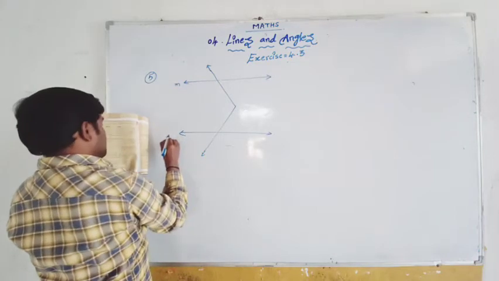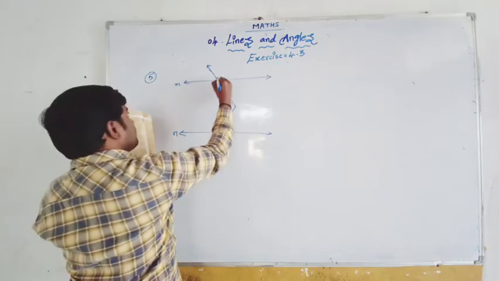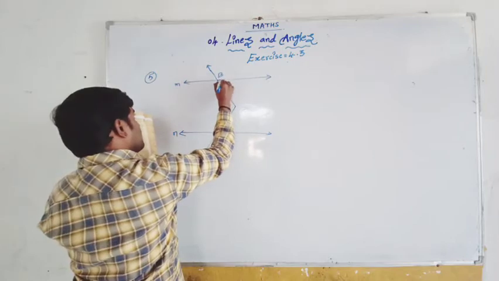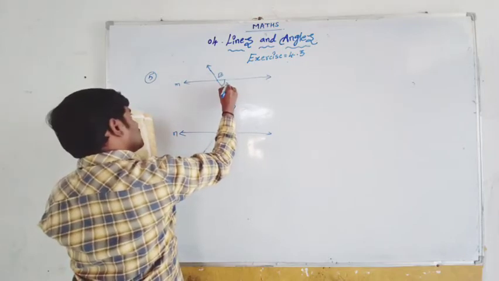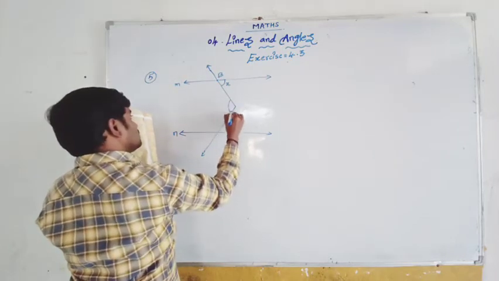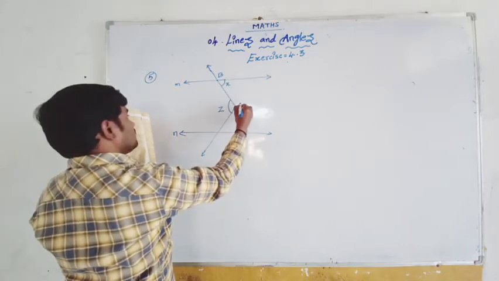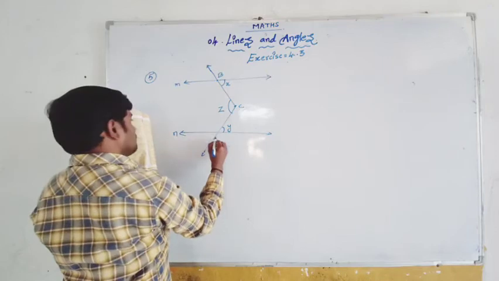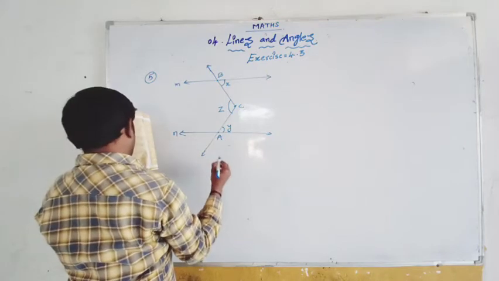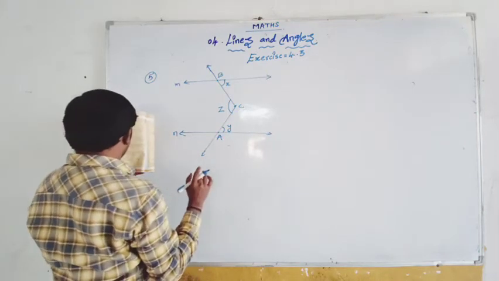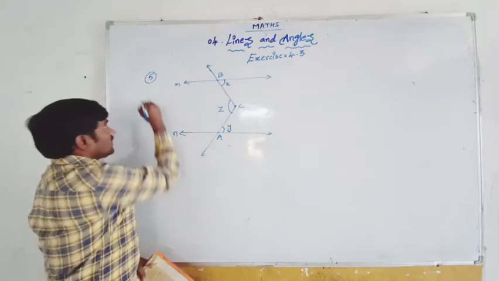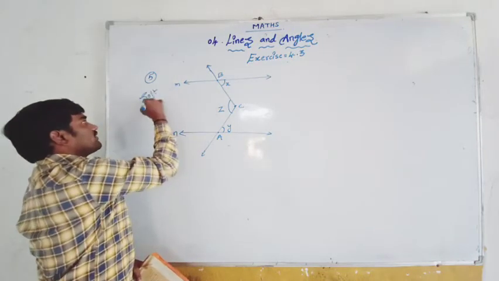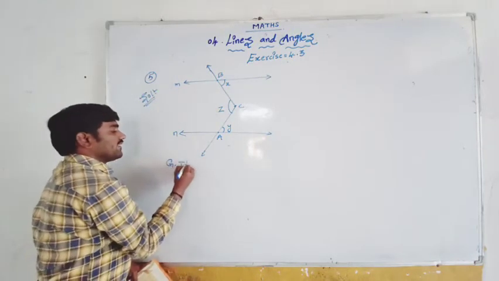M, N, B, X, this is Z, this is C, this is Y, this is A. Yes, this is what is given. So let us see what is given and what we need to find out.